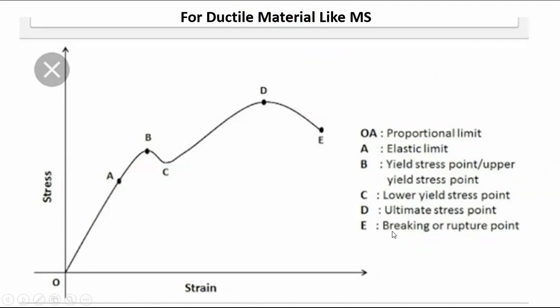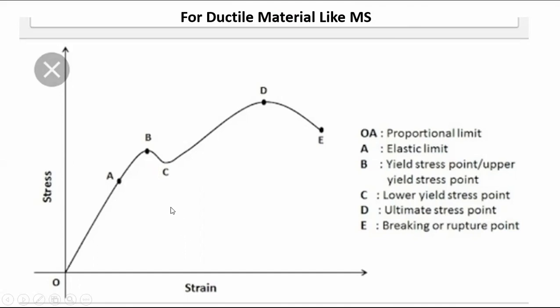What are the significances of all these points on the graph? We will come to know for a particular stress or particular amount of load applied, what will be the deformation, and that's why the strain.